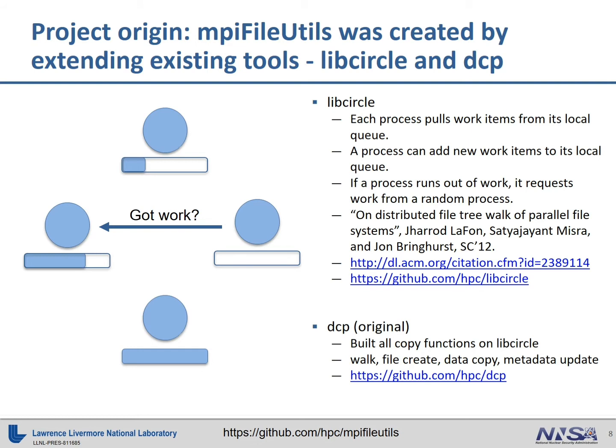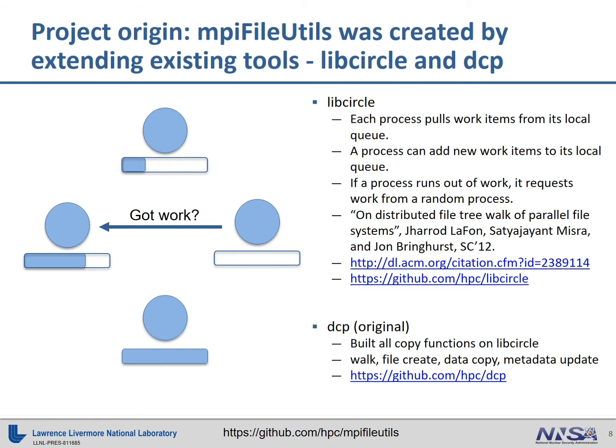In libcircle, all the processes are sort of symmetric in their behavior. Every process has a local work queue. It pulls items from its local queue. It might generate new items and insert them into its local queue. If it ever runs out of items, it just randomly asks some other process for work and steals some, if there's any to take. So it's a natural way to diffuse work across a set of processes.